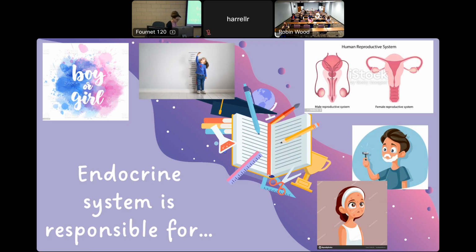So we have problems when there's too much or too little of a hormone. That's the mainstay of our endocrine disorders, right? Typically we have one variation where there's too much of the hormone, or a variation on the opposite end of the spectrum where there's not enough of it. And with these, we can see growth and development abnormalities, intellectual delays, and even death.